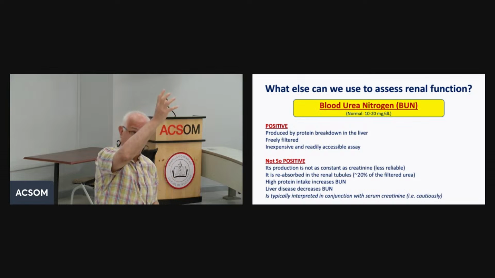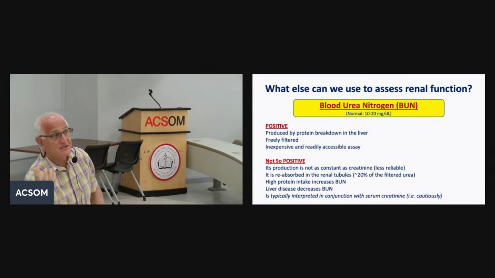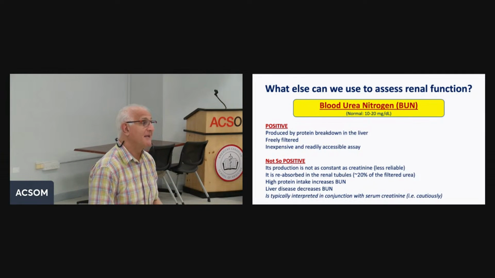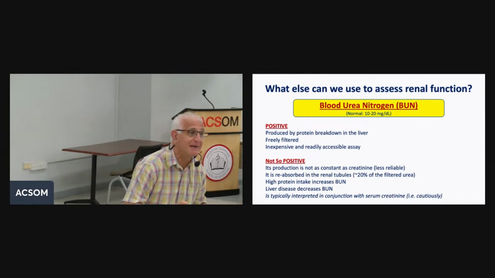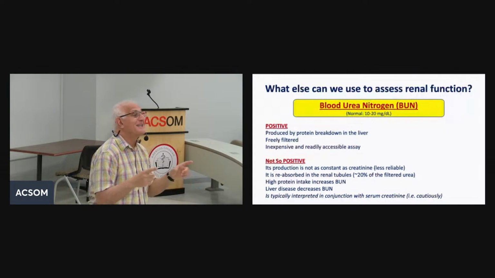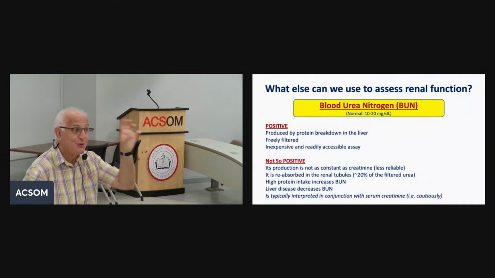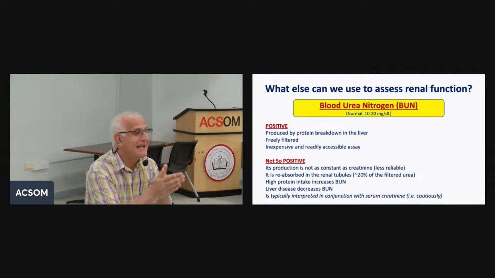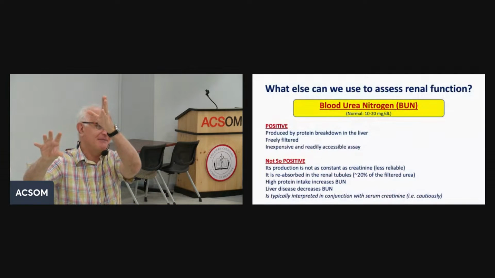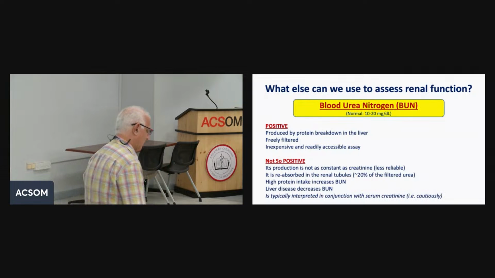Less, right? It was filtered, but some parts were absorbed down the way. So if I just take a urine urea, I might be underestimating my filtration. That's why we nephrologists pick a 24-hour urine for urea and creatinine, then we take the average. One of them is a 10 to 20% underestimate, one is an overestimate, right? Does that make sense? Yeah, that's what we do.